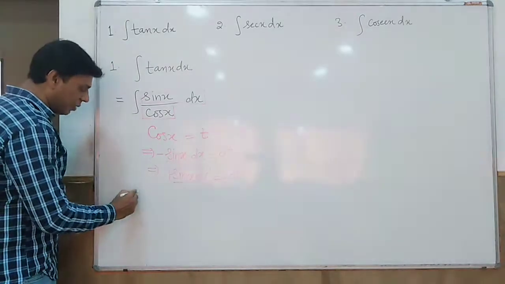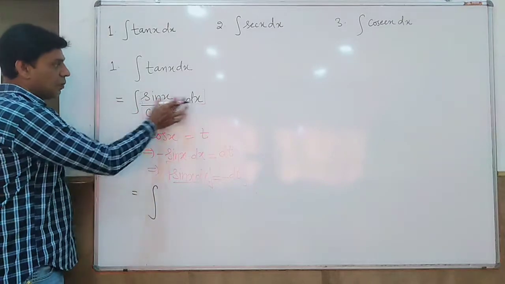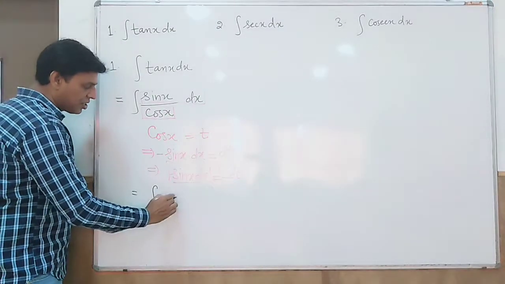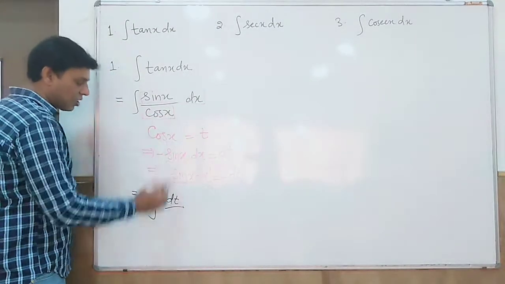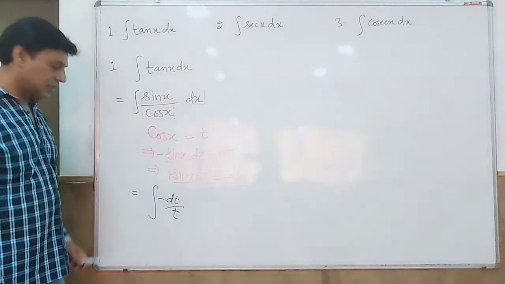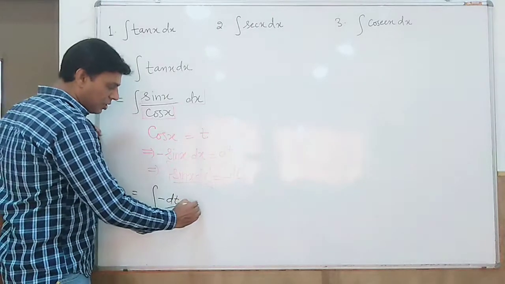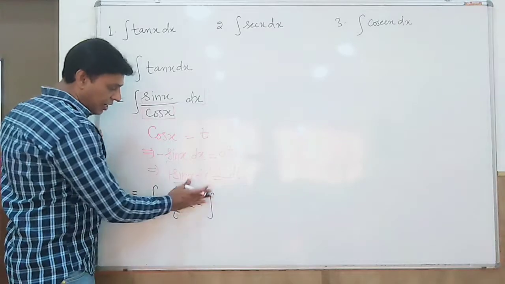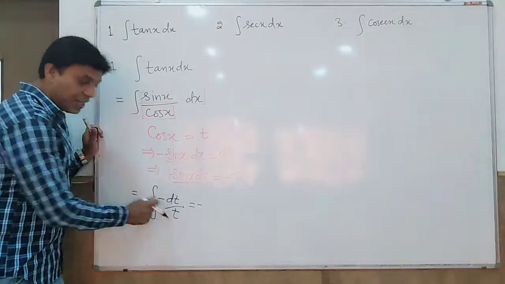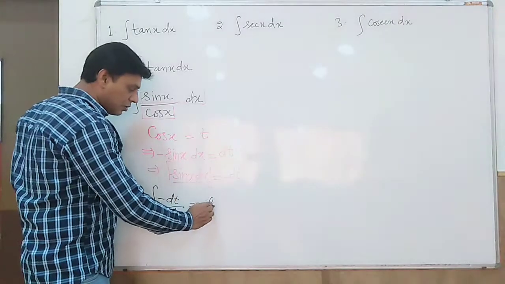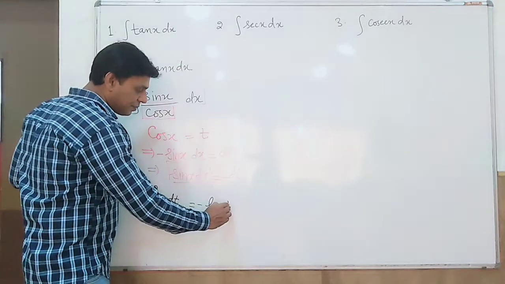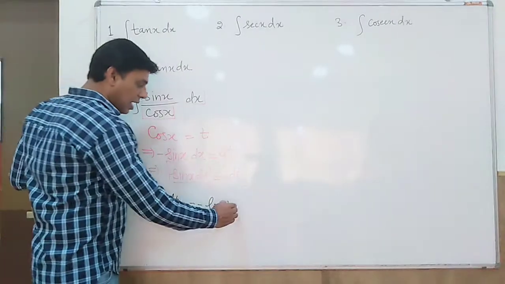So your integration will be: in place of this you write minus dt, and in place of cos x you write t. The minus sign can be taken out, and we directly integrate 1 upon t, which is log t, obviously base e, plus c.